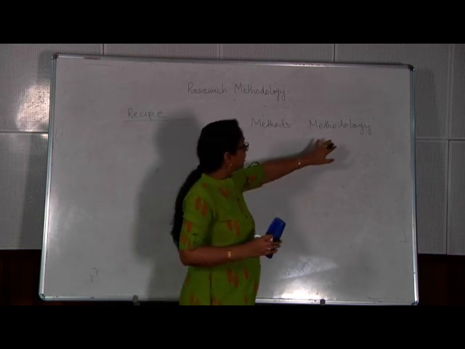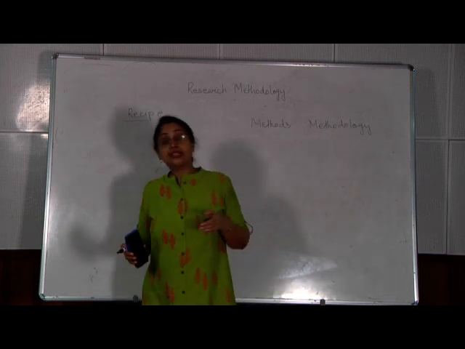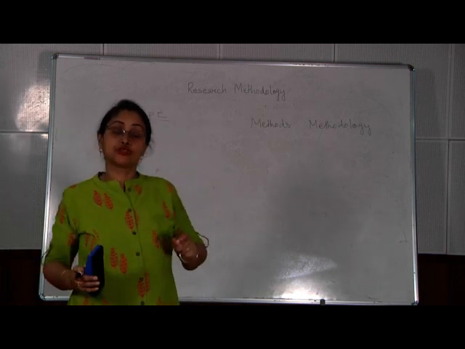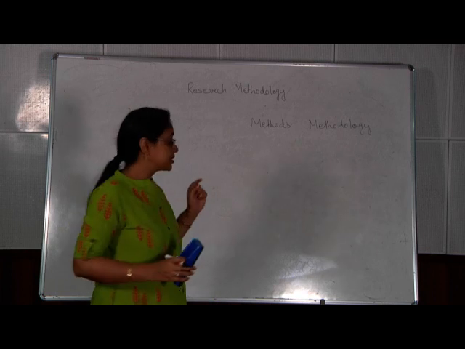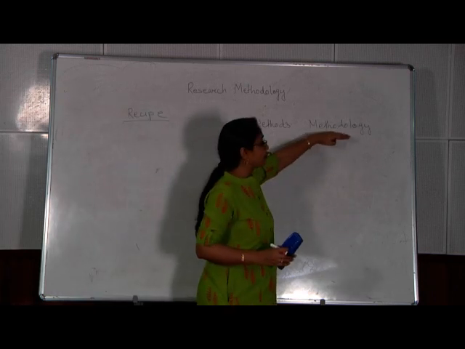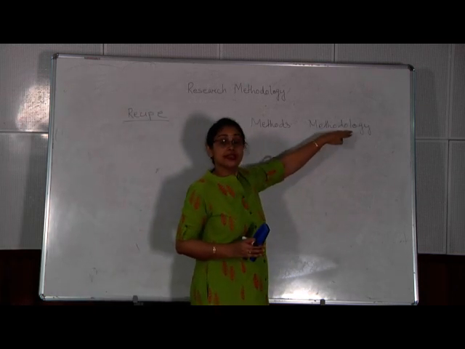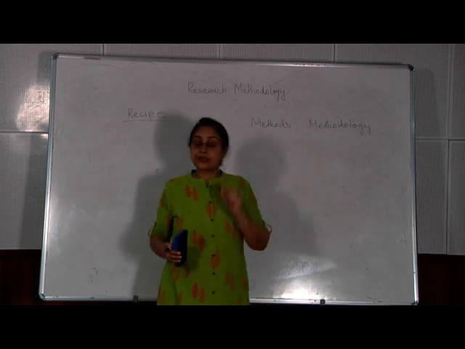But when you are talking about methodology, that is something very specific to the research that you are doing. Here you are going to appropriate and justify everything for that specific research.